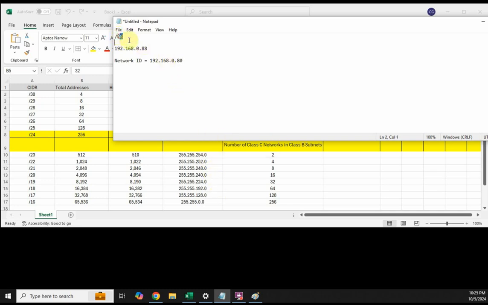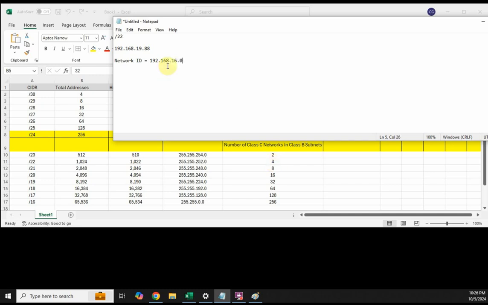So let's do a /22. Let's do an IP address of, I don't know, let's make it 19.88. All right. So what's the network ID on this? If it's /22, that means there are 4 Class C networks in each one of these. That tells me right now that the network ID is going to be 16.0.